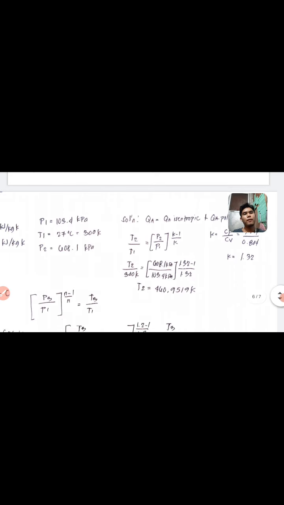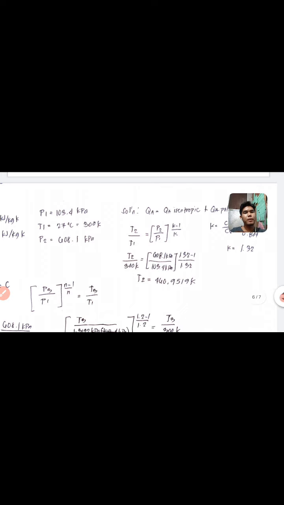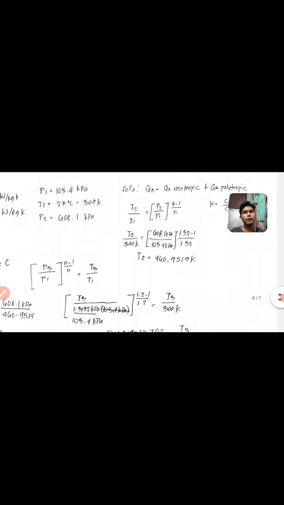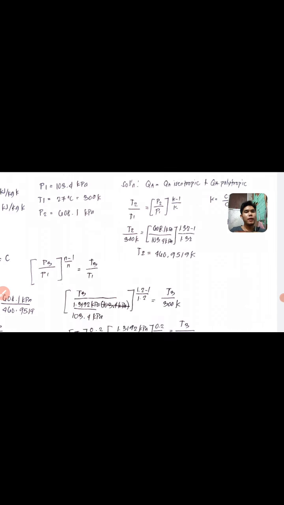So substituting the value in order to find the T2, after using the shift solve in our calculator, we can find T2 and the value is 460.9519 Kelvin.